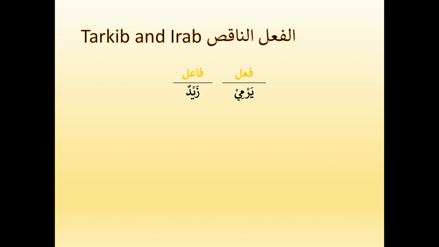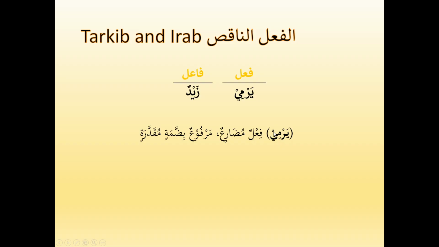But this dhamma you cannot see. So what do we say? Is it mustatir or not hidden? You can't see it, so we say it is muqaddara. This is the strange case of naqis. Yarmi, yes, the harf illa is still there, so it's not majzum.